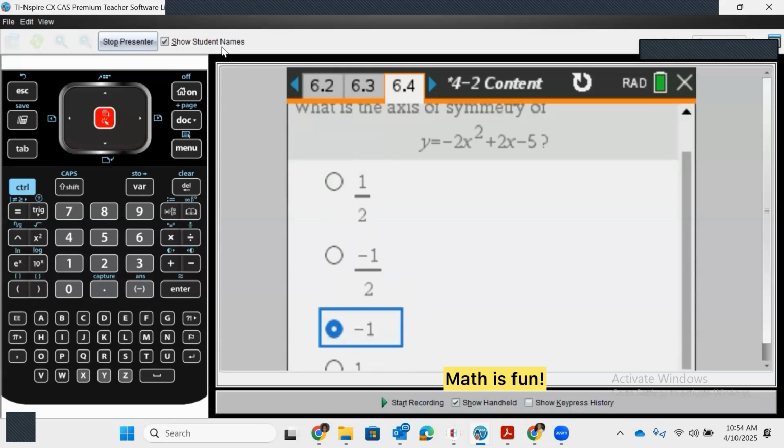It's the first digit in the vertex, right? So the vertex is -1, 2. This is the axis of symmetry. That's the x value. You got it?